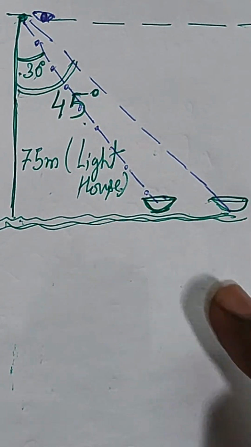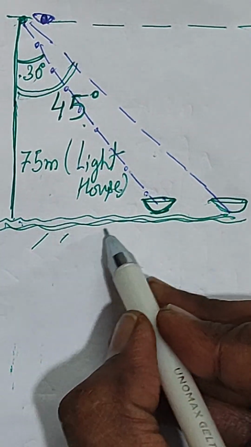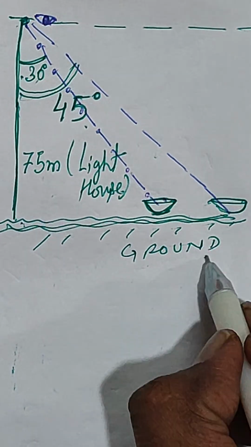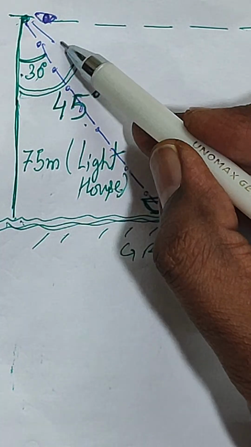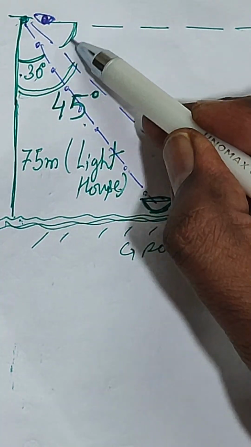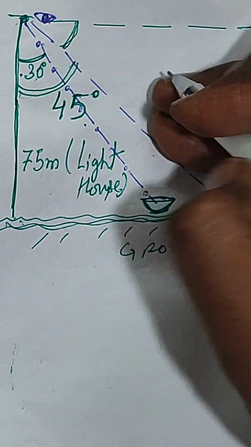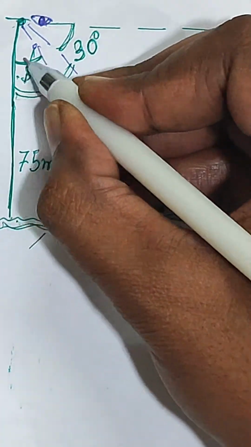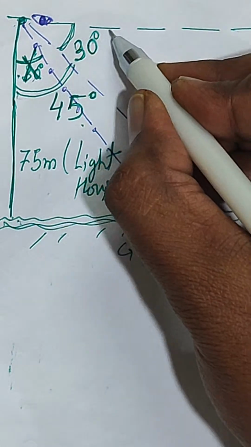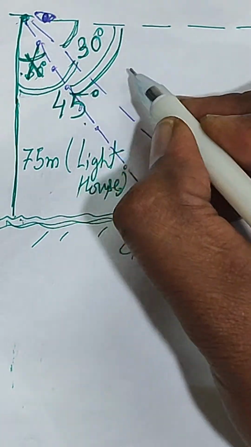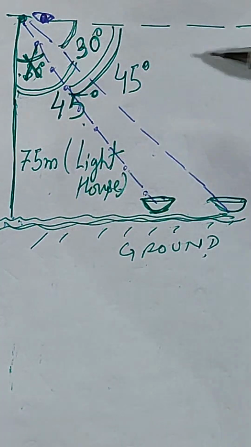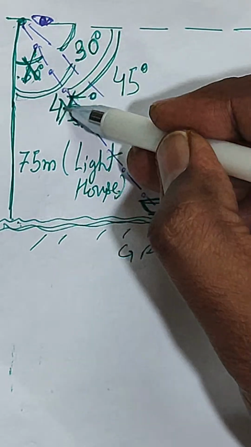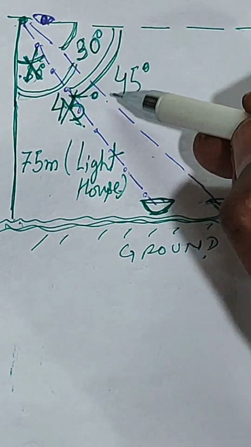When you draw a line parallel to the ground, the angle of depression will be the angle made from this line which is parallel to the ground. So this will be 30, not this, and the bigger one, this one will be 45 degree, which is the angle of depression to the two ships. So you should not take these two angles, but these angles will be considered.